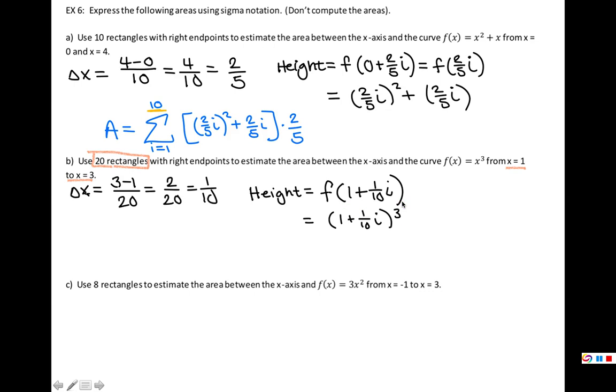So that gives me 1 plus 1/10 I cubed. And then finally, I'm going to put all this together into my area formula. Area is going to be the sum from 1 to 20, because there are 20 rectangles, of the height, which is that expression cubed, times the width, which is delta x. So there's my expression for area.